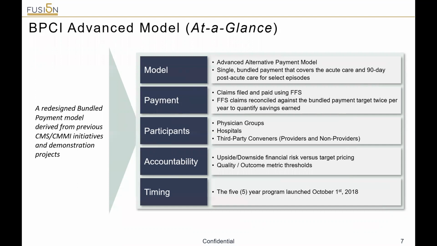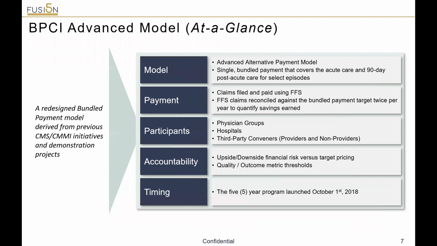For those that are familiar with the MACRA legislation and the reporting for MIPS, and what most providers call MACRA, which is really qualified provider or qualified participant designation, there is the ability to change your reporting requirements from MIPS to a more simple reporting mechanism based on being in an advanced APM and gaining the percentage of upside payment on your fee schedule associated with being a QP or obtaining QP status, as opposed to doing MIPS reporting, which is an annual reporting method in which you can either have an upswing in payments or, in fact, a downswing in payments, depending on how you perform on your MIPS measures.